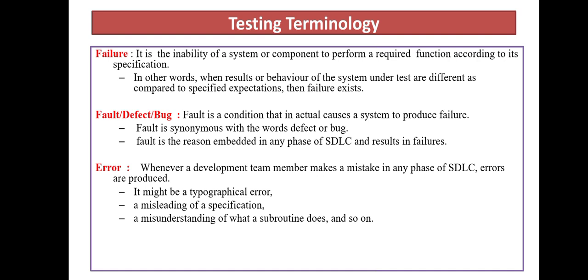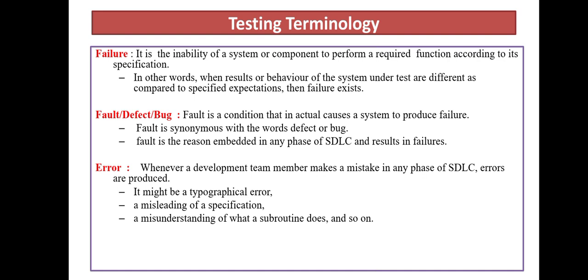The specifications are wrongly expressed, or there is a misunderstanding of what the subroutine does, and so on. The function intended is not clearly understood. Misreading the specifications: the requirements are stated in one way, but the developer understood them in a different manner. Then it leads to mistakes. So these mistakes will create errors.